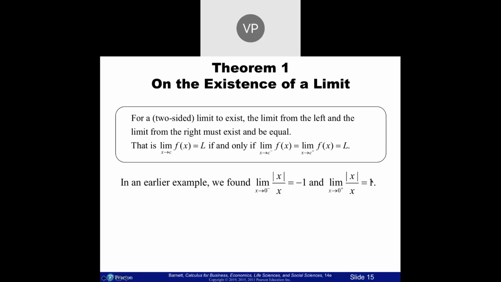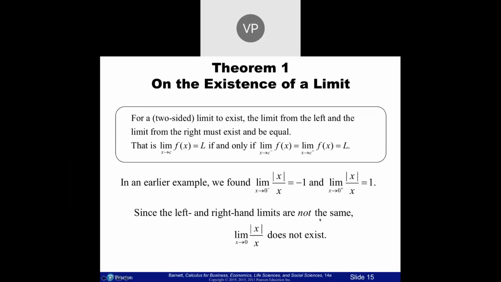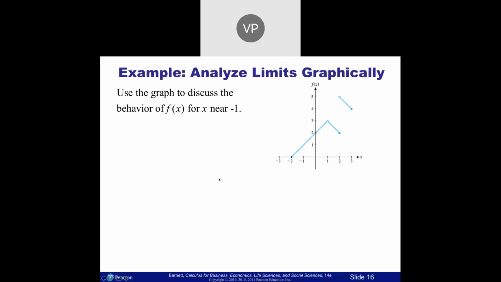From the right side, it approaches +1. These two numbers are not the same, therefore the limit does not exist. This is the regular limit, the two-sided limit, without the plus or minus. Whenever you're checking for a limit, the rule always is check from the left, check from the right. If they are the same, that is your limit. If they are anything different, then the limit does not exist.